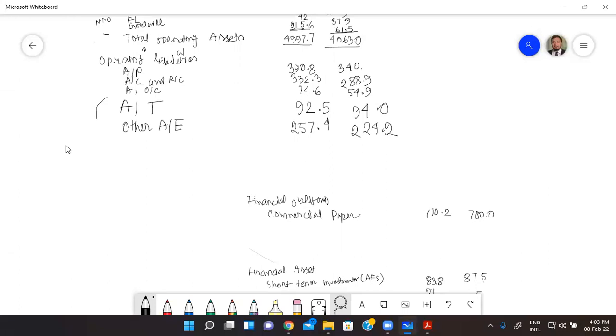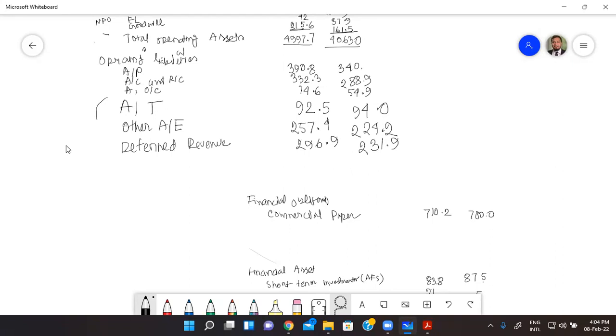Okay. Next, deferred revenue. We talked about the deferred revenue in the revenue analysis, but here deferred revenue comes from the operating issues. Deferred revenue of 296.9 for 2007 and 231.9 for 2006.